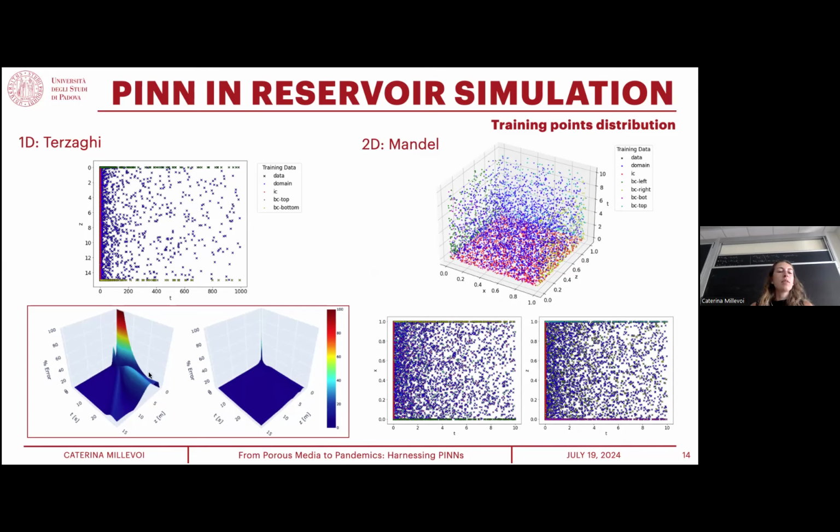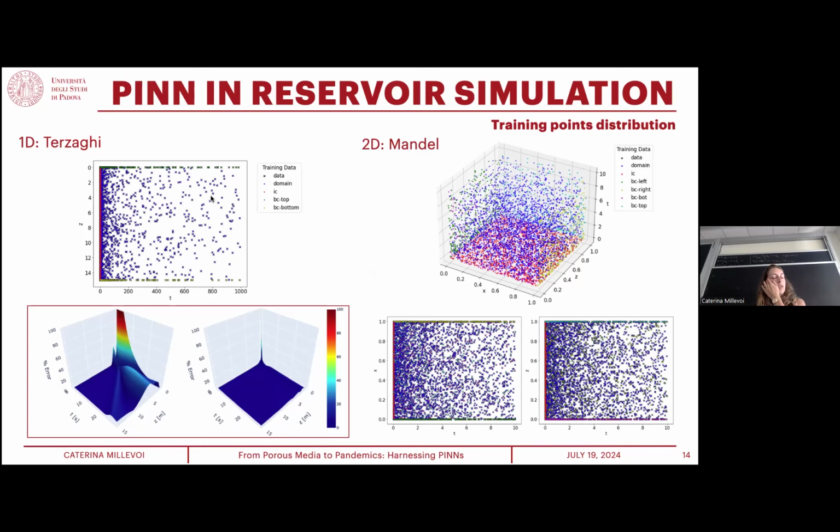Here, for example, on the bottom left plot, you can see a comparison of the errors for initial times between a uniform time distribution of the training data points and a logarithmic time distribution. We noticed that choosing a logarithmic time distribution would avoid many oscillations for initial times, which is a common problem, quite similar to the ones that arise with traditional methods.